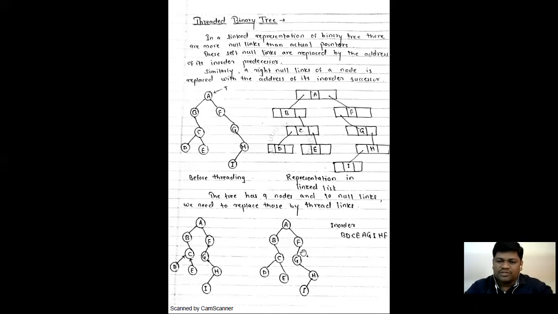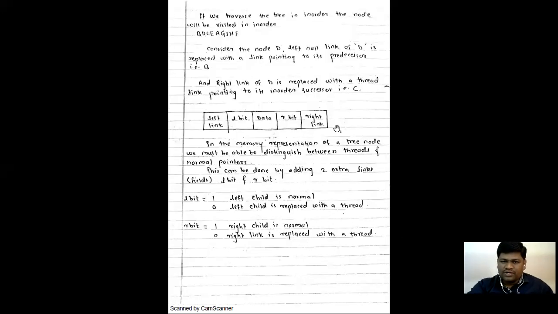For that purpose, we use two more fields here. Now consider the node D. The left null link of D is replaced with the link pointing to its predecessor, that is B. And the right link of D is replaced with the thread link pointing to its in-order successor, that is C. Here we have the left link, the right link, and two more values: the L bit and the R bit.